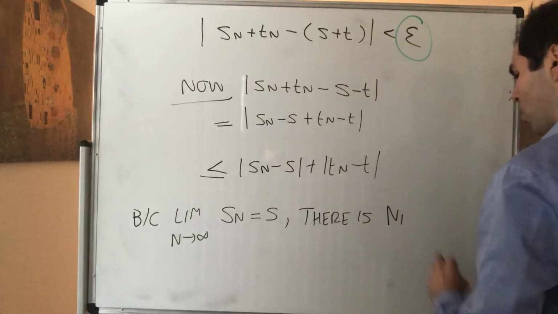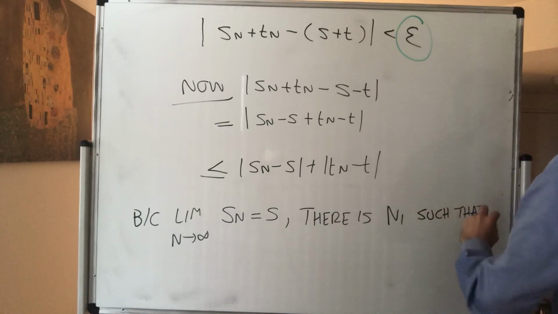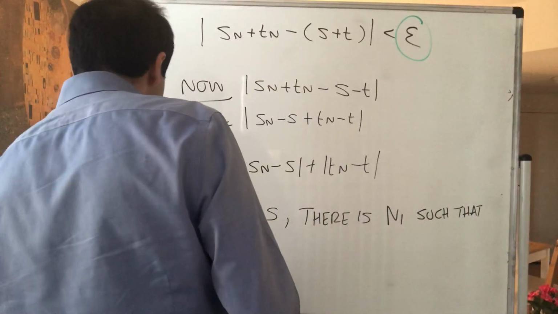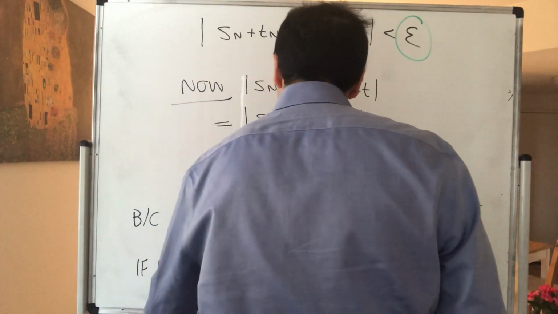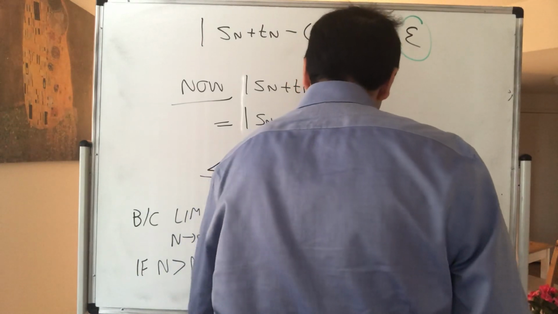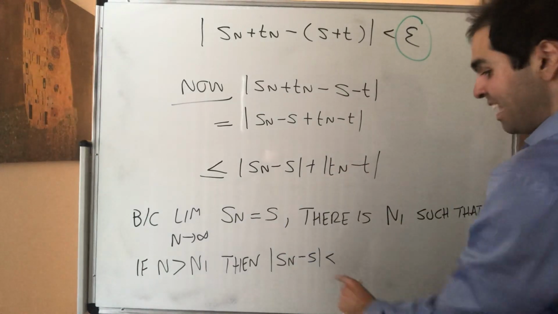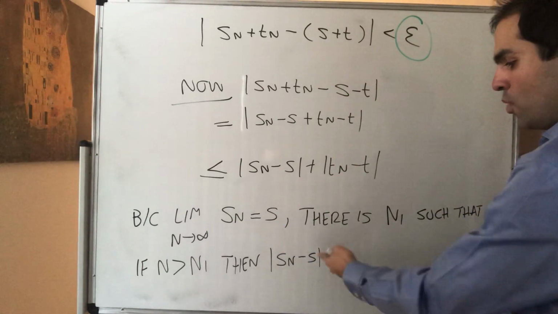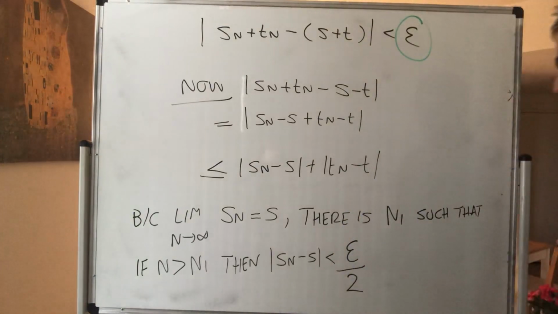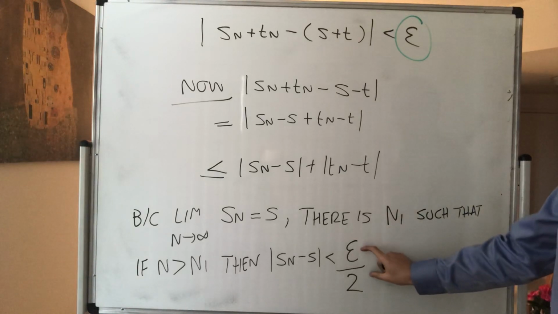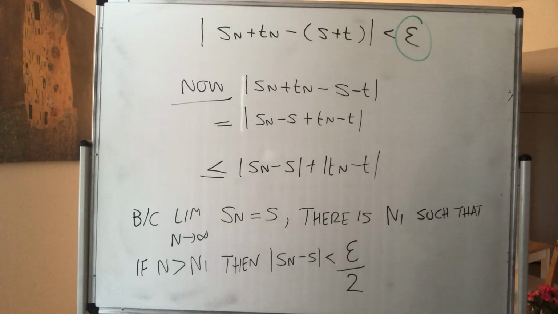We know there's N1 such that if n is bigger than N1, then the difference, so not less than epsilon, because we want to get epsilon at the end. We can do even better than that. We can say this is less than epsilon over 2. You see, because it is true for every possible arbitrary number. So in particular, it is true for epsilon over 2.